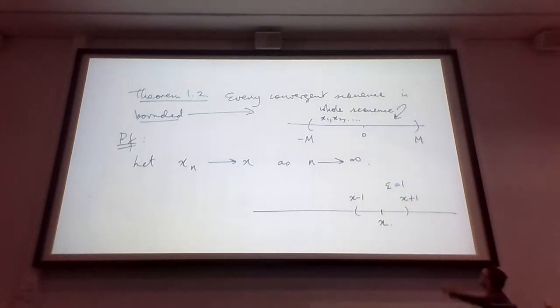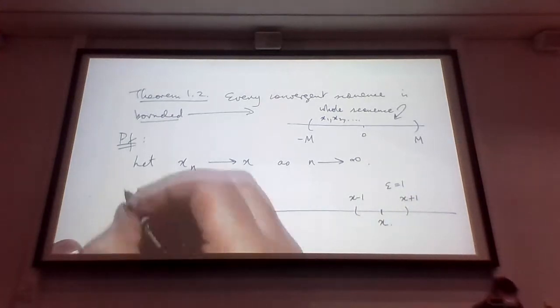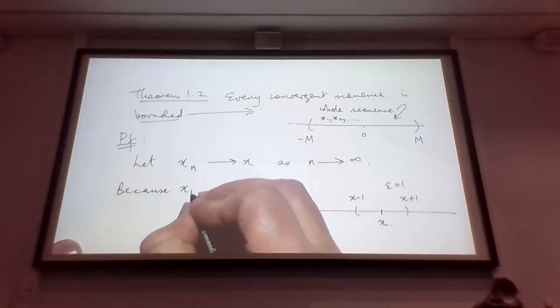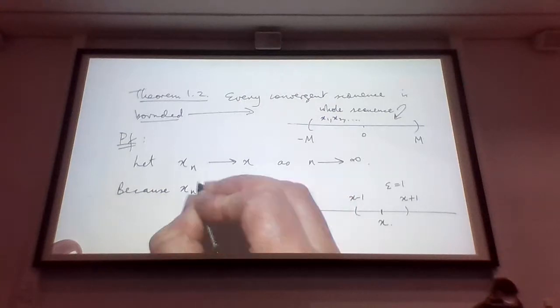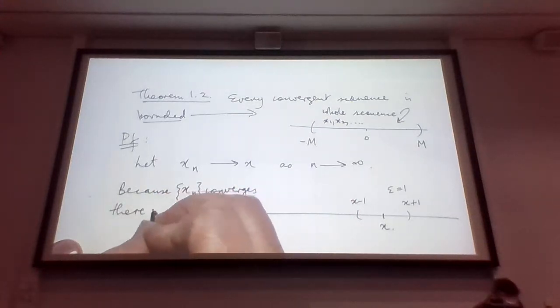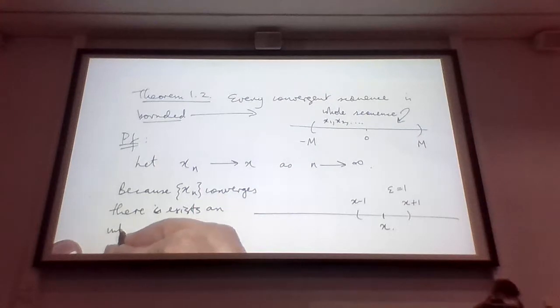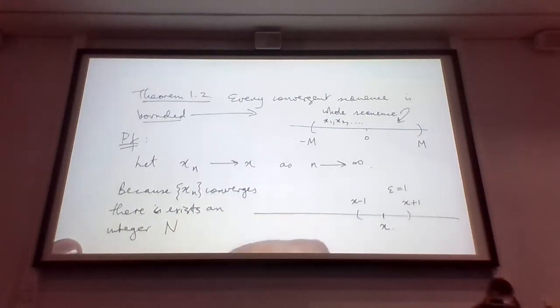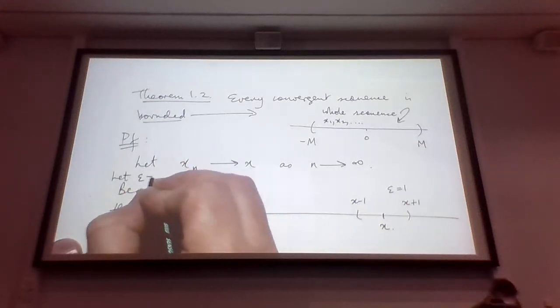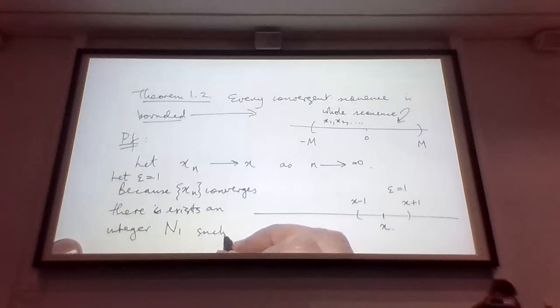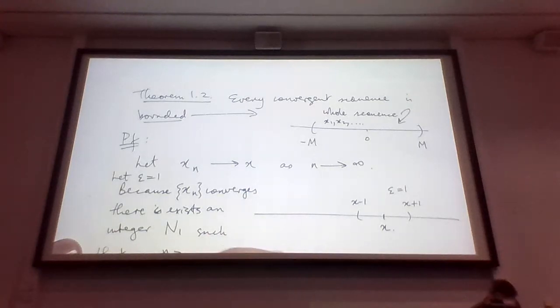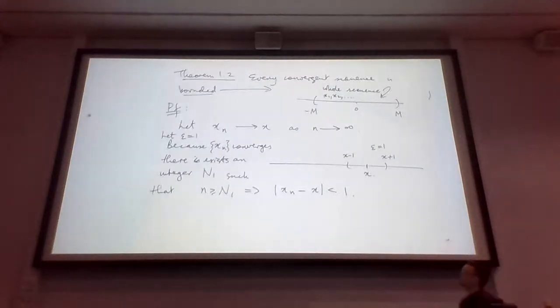So there's an interval on the number line, and we know because xn converges, there exists an integer n1, letting epsilon equal 1, such that if n is bigger than n1, that implies that the distance from xn to x is strictly less than 1. There I'm just quoting the formal definition of convergence.